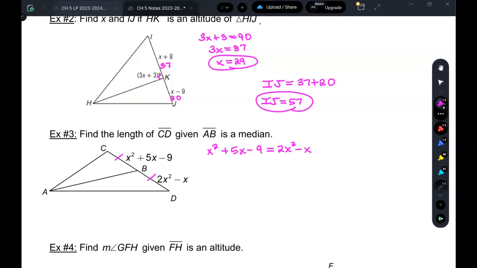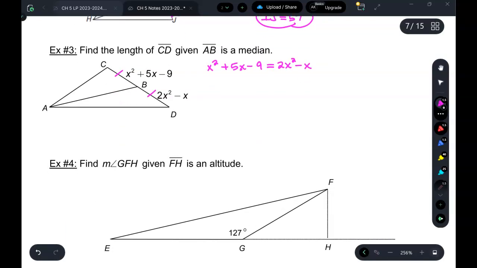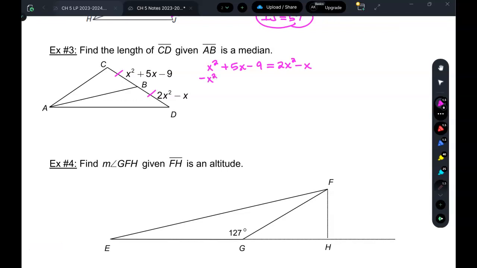All right, so we're going to get everything on one side. Before we factor, we have to make it equal to 0. So I'm going to subtract x squared, subtract 5x from both sides, and add 9.